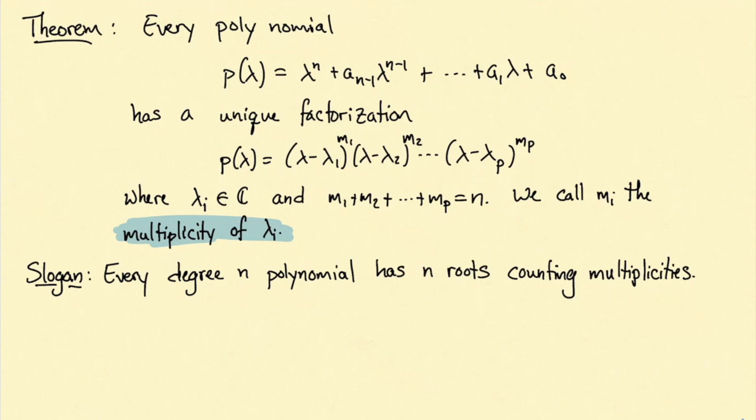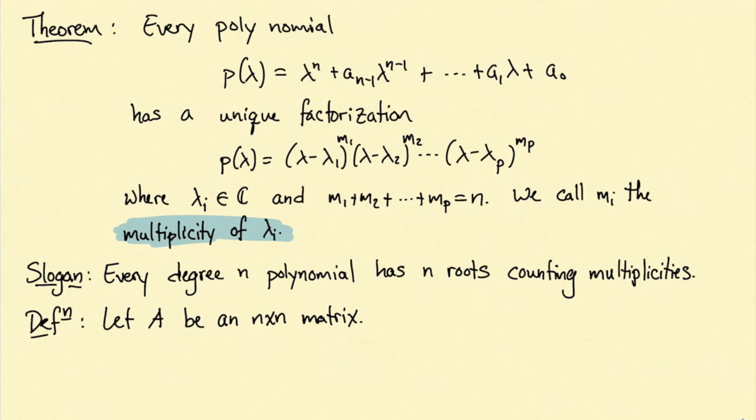So with this in mind, we can make a couple of definitions that we can use to explore the behavior of repeated eigenvalues and the dimension of the eigenspace. So we let A be an n by n matrix.